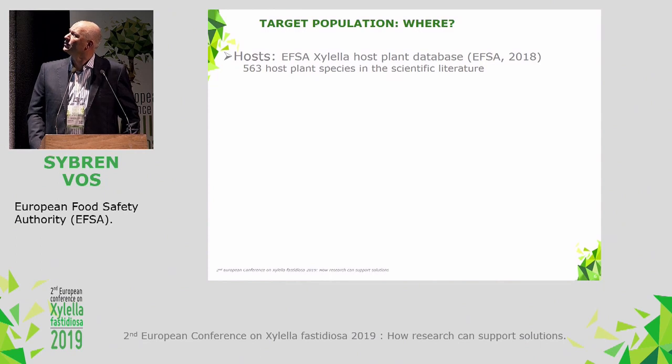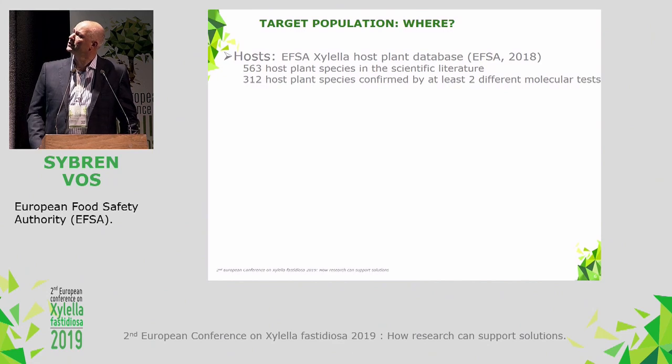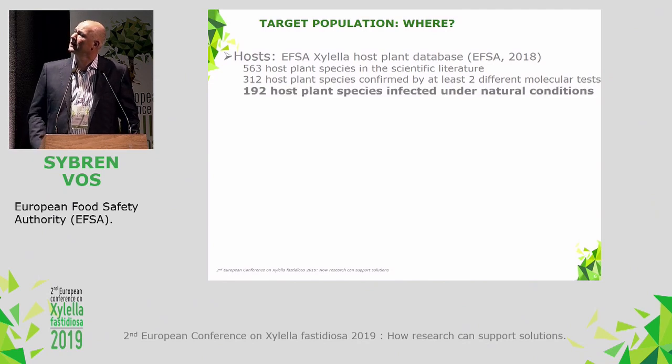In the 2018 version, we had listed 563 host plant species that were extracted from the scientific literature, of which 312 were confirmed by at least 2 molecular tests, and of which 192 were shown to be infected under natural conditions.